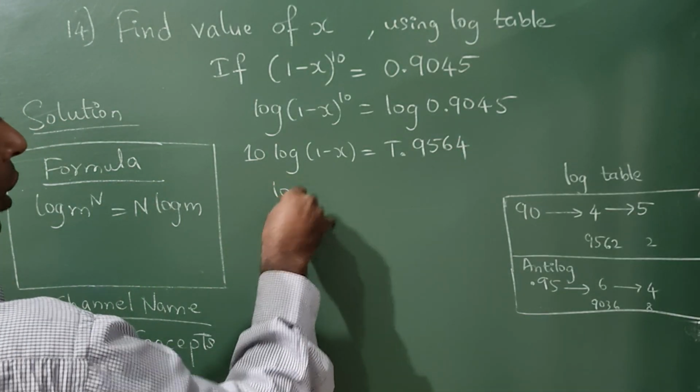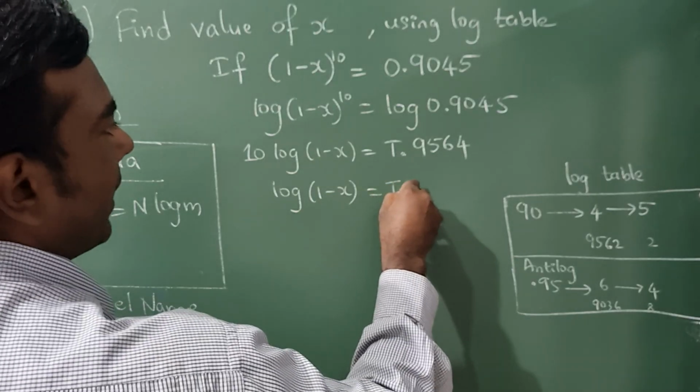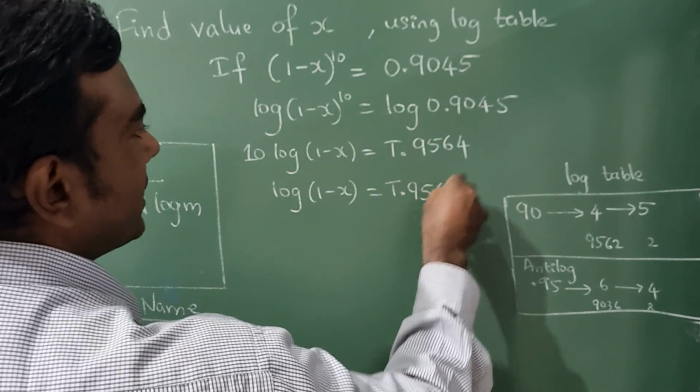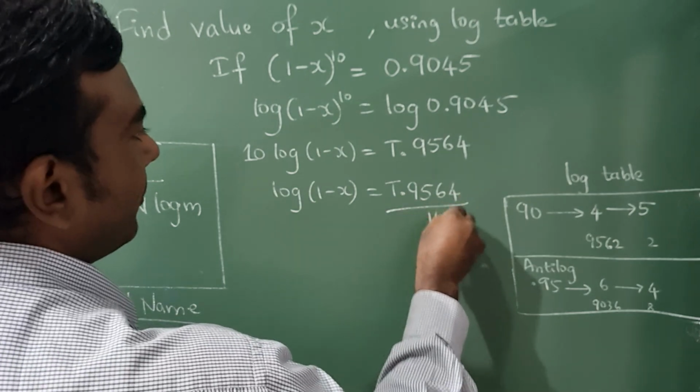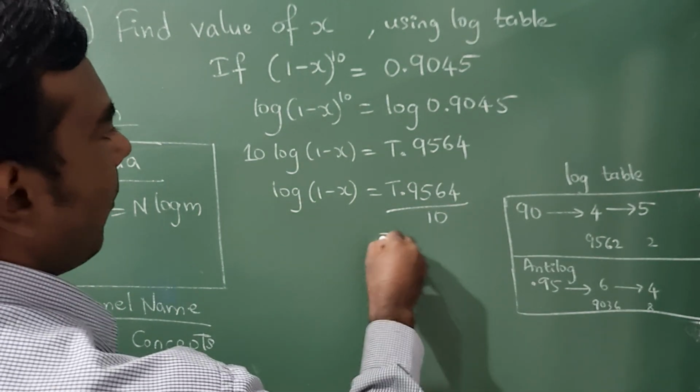Now write log of 1 minus x equals 1 bar 0.9564 divided by 10. So how much will it be?